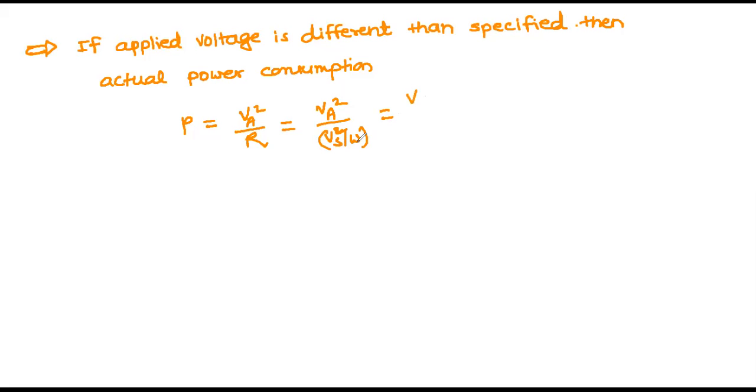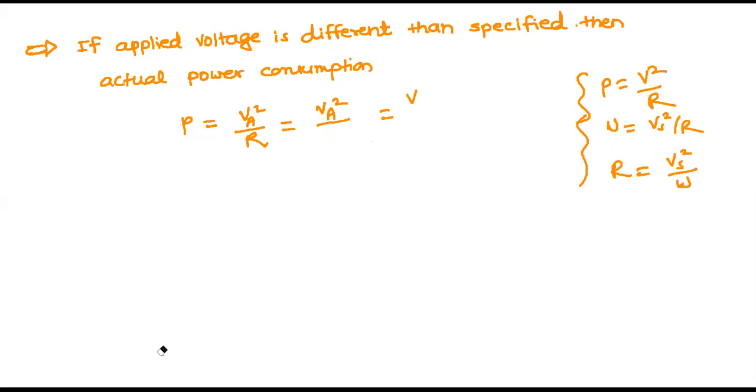You see, Vs square by W, because power is there, no? Power P is equal to V square by R. So if I am taking this as W, then W is equal to Vs square by R, and that implies if I want resistance, then resistance is equal to Vs square by W. Keep it in mind.